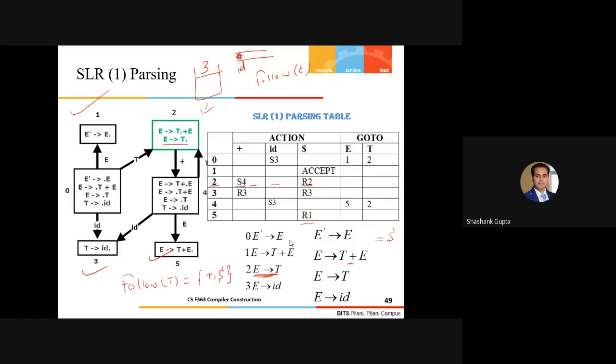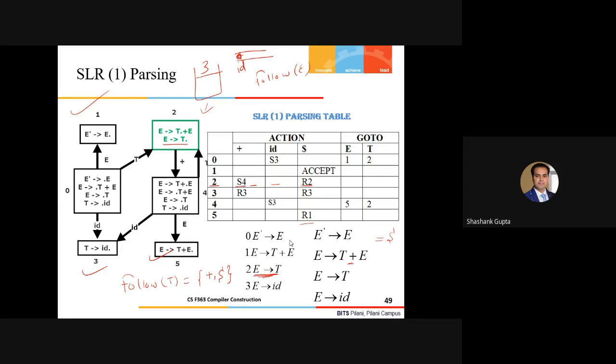So now, on what basis will I say that my grammar is SLR1? Come on, guys, this is my question. On what basis will I say my grammar is SLR1? Come on, guys, please interact. Give me some answers.